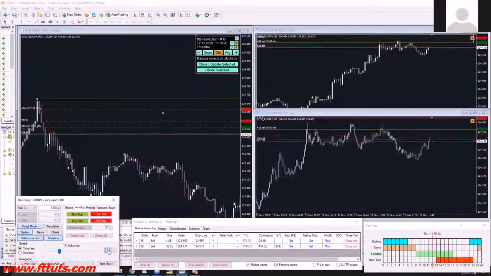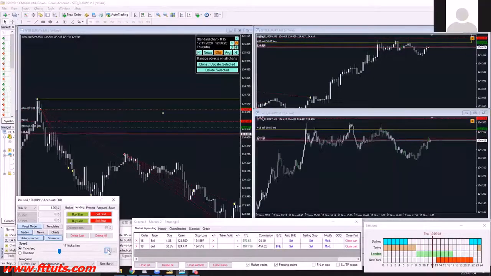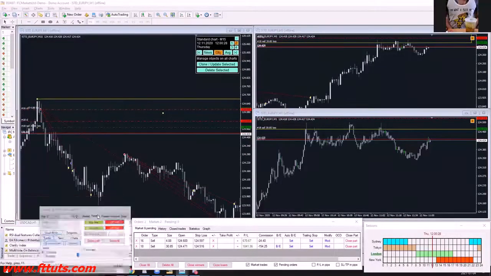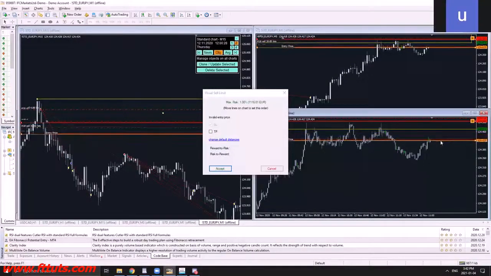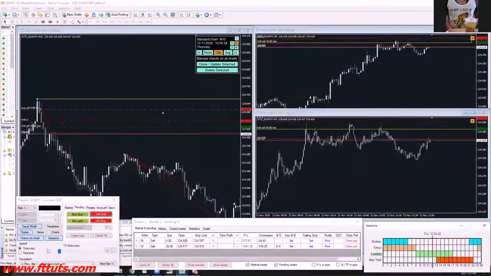Why is it 55 lots? Oh god. Oh wait, what even happened? Because you're overexposed. Give it a larger stop loss first of all. Sometimes it'll glitch out if you do a stop loss that's too small. You have to do it above the current price. Or should I just market execute it actually? I'm just gonna market do it. Sell. Where will I put the stop loss?